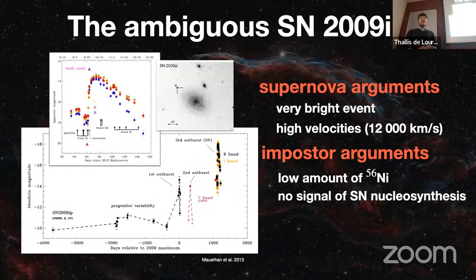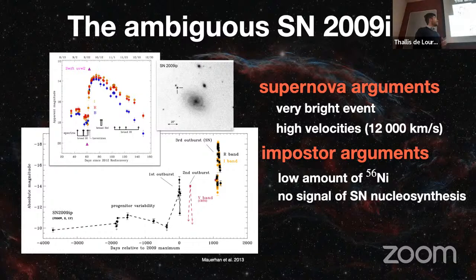Then we had this supernova, 2009 IP, which was famous because people until today still cannot decide whether this was a real supernova or not. This was a very ambiguous event that presents both characteristics of imposters and of real supernovae. So let me explain a bit about it.